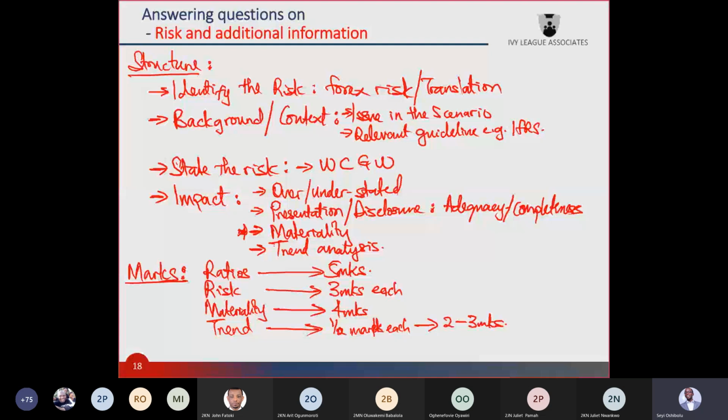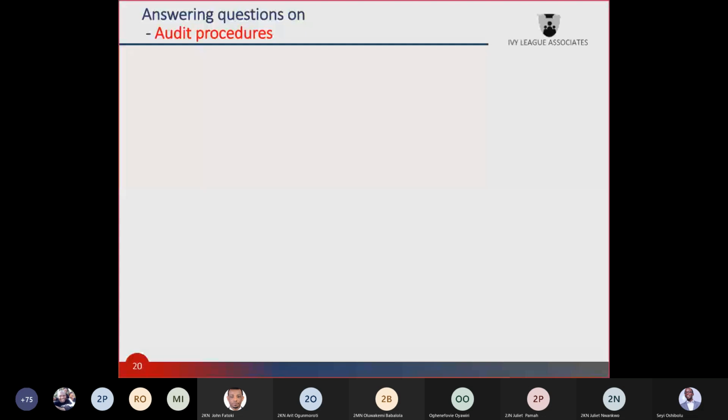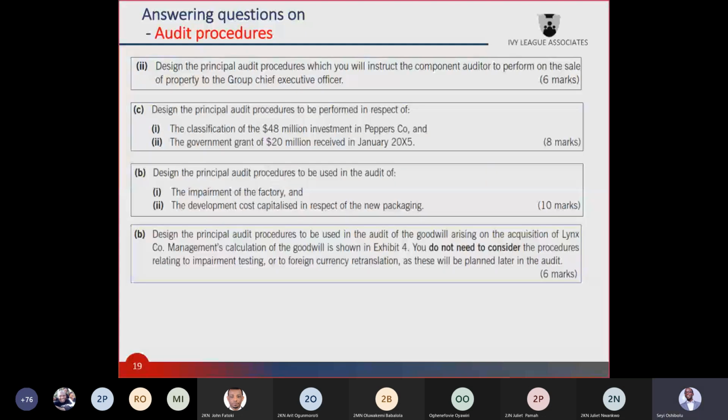Okay, so it should be fine now. It wasn't just updating. So I'm sure you are still seeing slide 18. Yeah, so we're on audit procedures now. Yeah, but it's blank. Same. All right. Yeah, it's there.